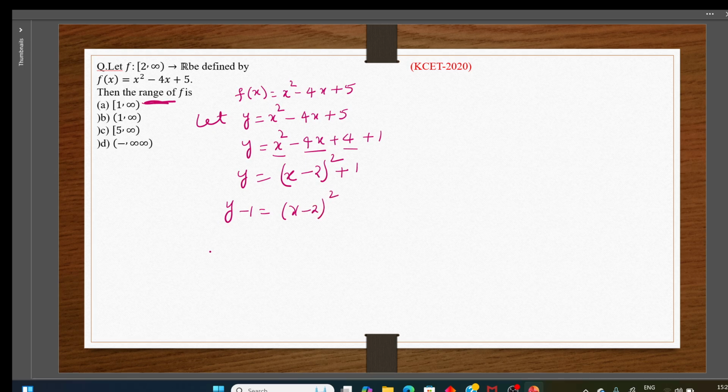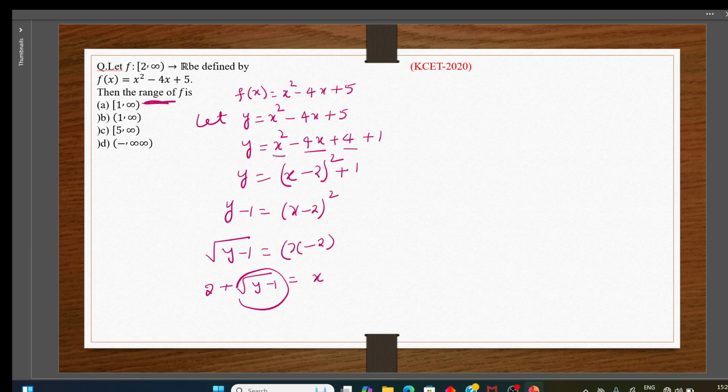This square is transposed to the left-hand side and becomes the square root: square root of y minus 1 equals x minus 2. Square root of x minus 2 whole square gives x minus 2. So transposing the minus 2, we get 2 plus square root of y minus 1 equals x.